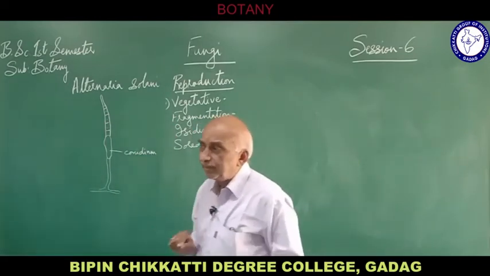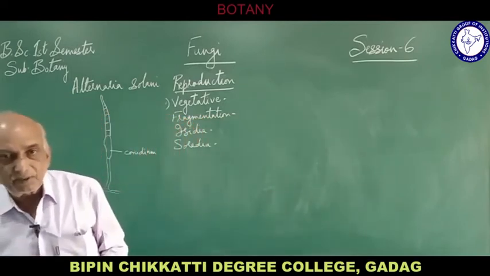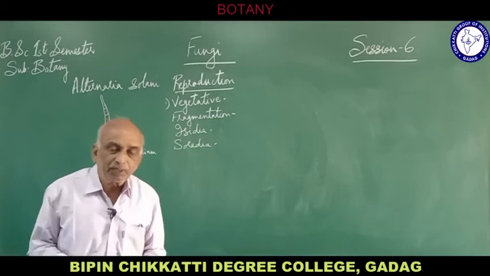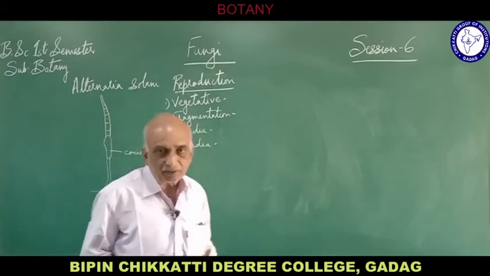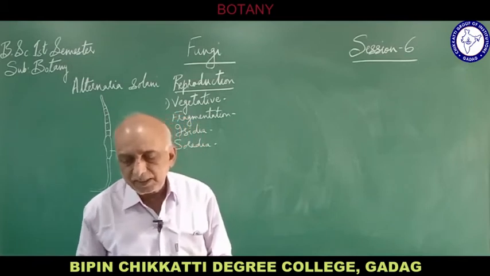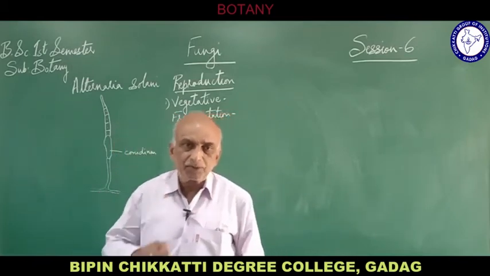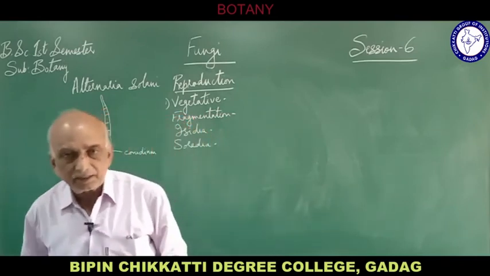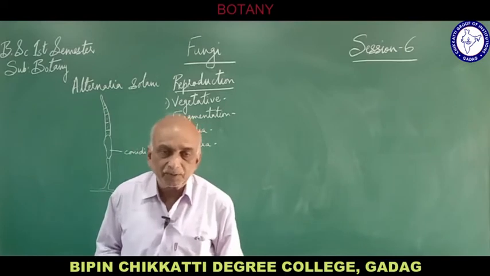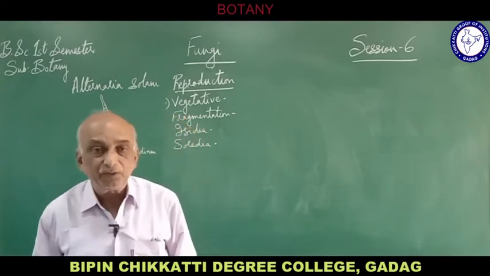The Isidia separate from the thallus, and when they come in contact with a suitable substratum, they develop into a new thallus. So Isidia are small papillate outgrowths produced on the upper surface of the thallus, and they are the propagules of the vegetative method, or vegetative reproductive bodies.